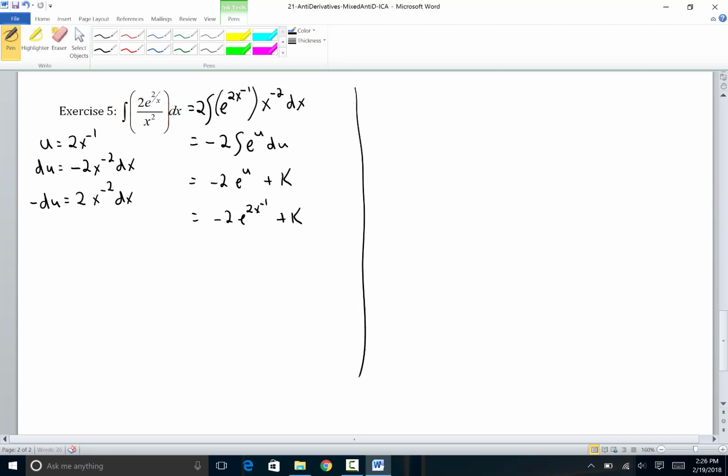Let's go ahead and write the double checking out so you can see that it actually works. So we want to take the derivative of this, and the derivative of k is 0, so I'm not going to write it down. So negative 2 is a coefficient. The e part stays the same.